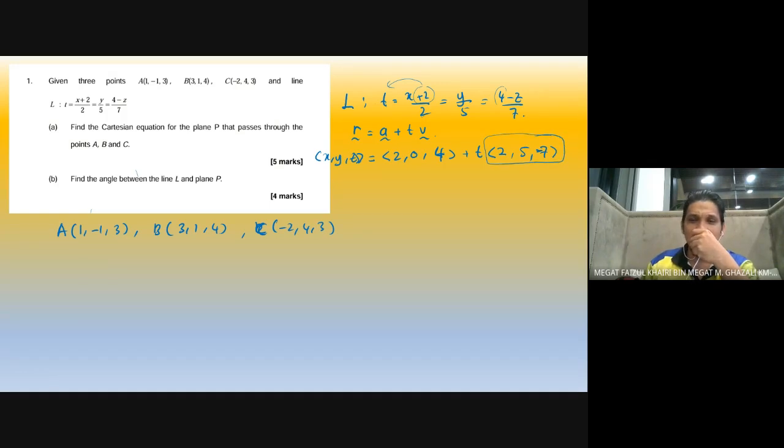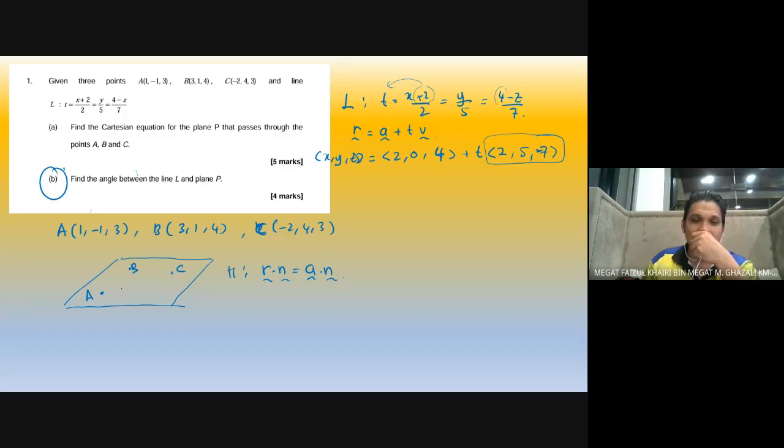We're going to look at question B here. But before that, let's find the equation of plane P passing through the points A, B, and C. Class, just imagine a plane with the coordinates of A, B, and C. As we know, the equation of a plane is formed by r dot n equal to a dot n, where n is the normal of the plane and r is x, y, and z.